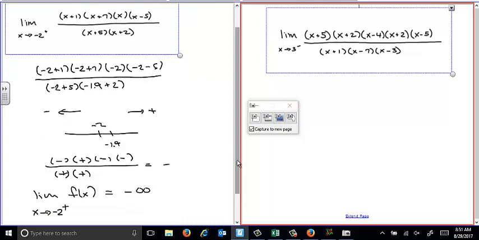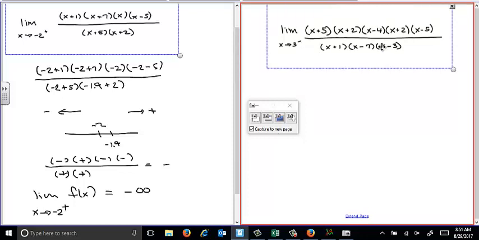So what you're going to do is plug x equals 3 in everywhere except right here, and you're going to pick a number on the left-hand side of 3. What number are you going to pick for this one? 2.9, yeah. So while you're working on that, I'm going to copy these.